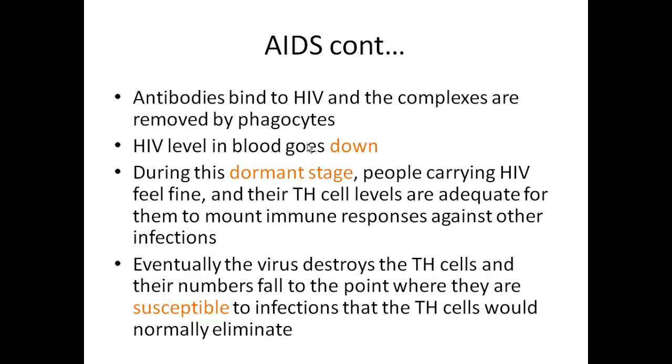However, eventually the virus is still destroying the TH cells, and their numbers fall to the point where they are susceptible to infection. So now we're getting infections that the TH cells would normally eliminate, but there's not enough of them to eliminate the infection.